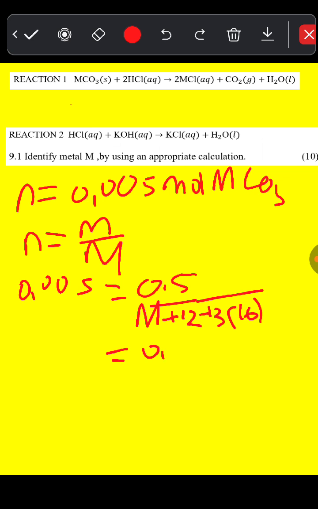And this is 0.5 over M plus 60, equals 0.005.